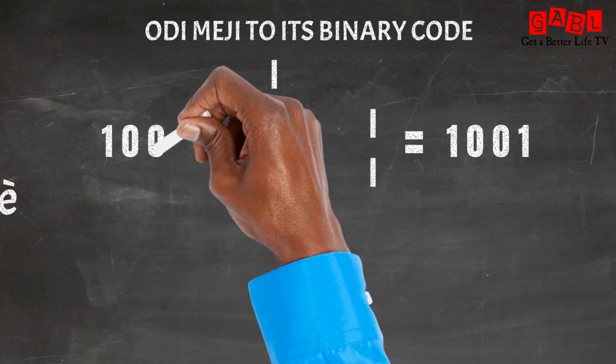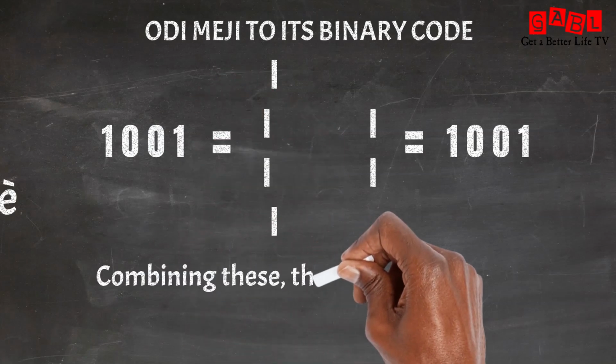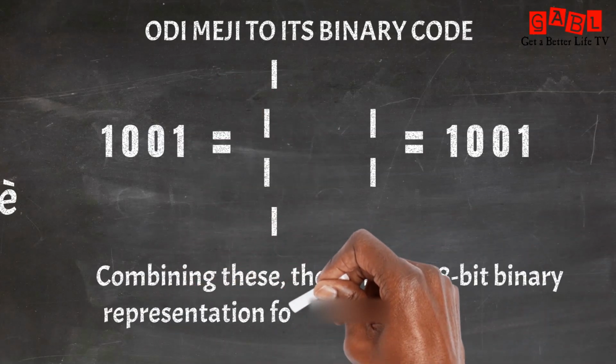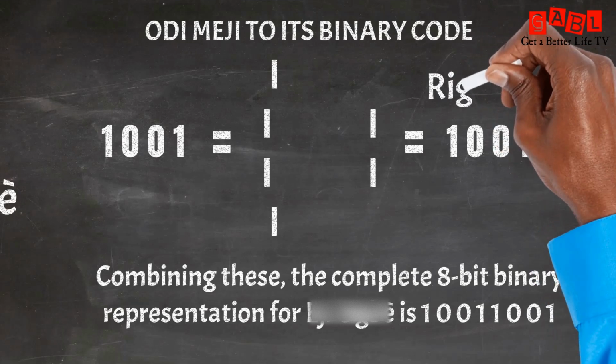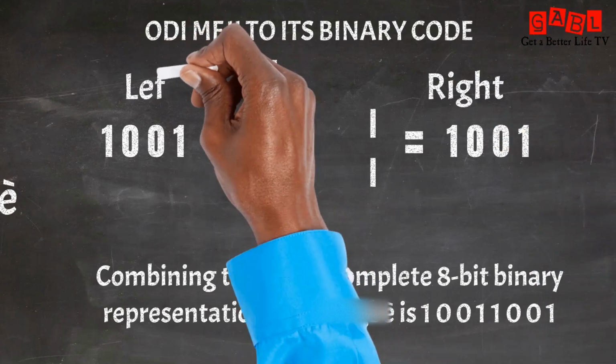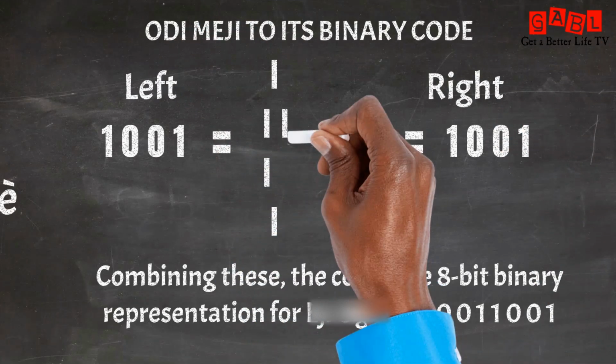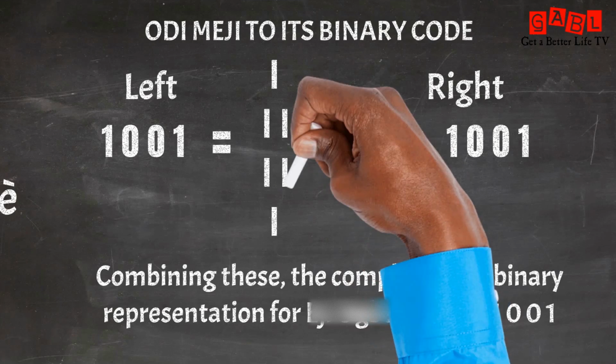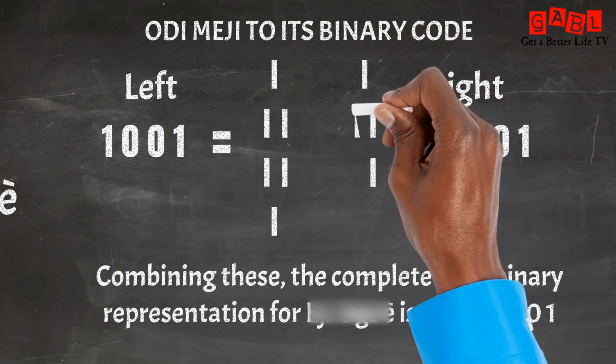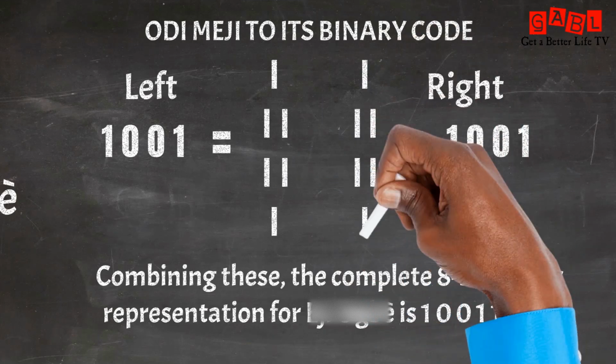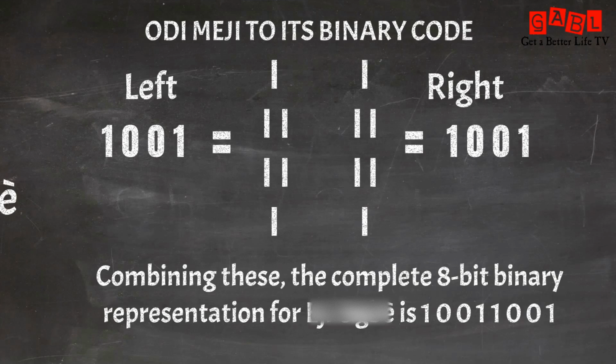This translates to 1, 0, 0, 1. Combining this, the 8-bit binary representation for Odi Meji is 1, 0, 0, 1, 1, 0, 0, 1.